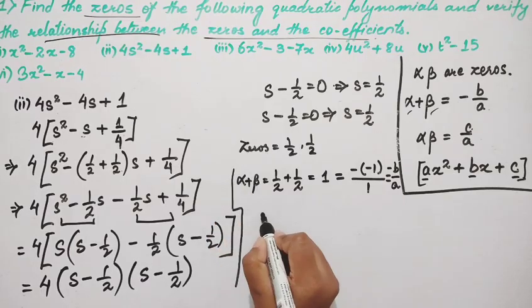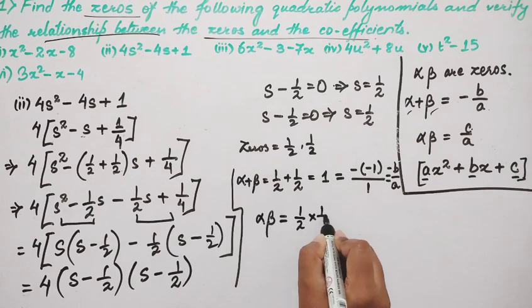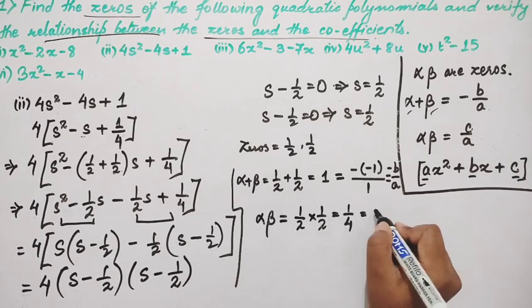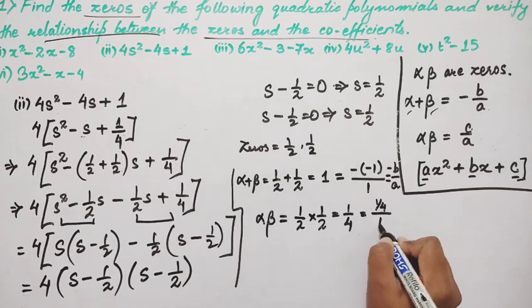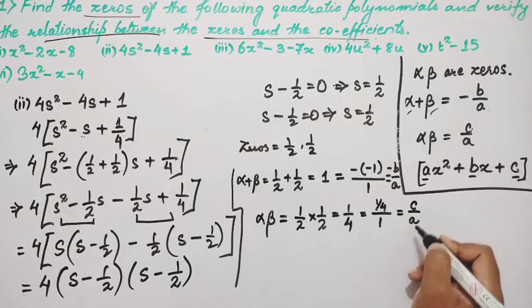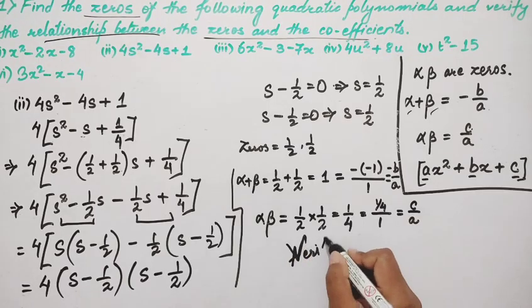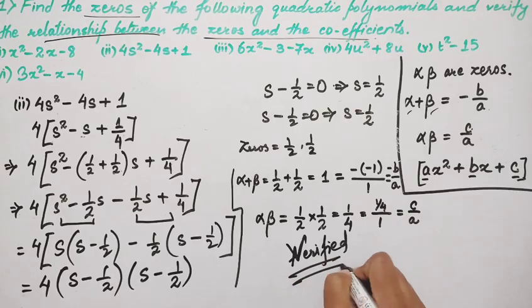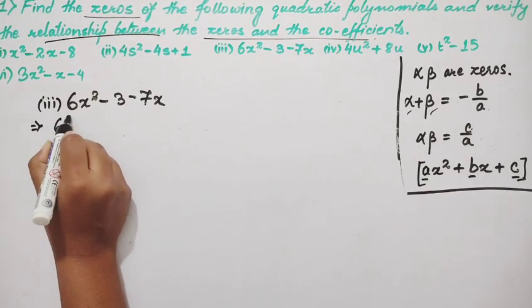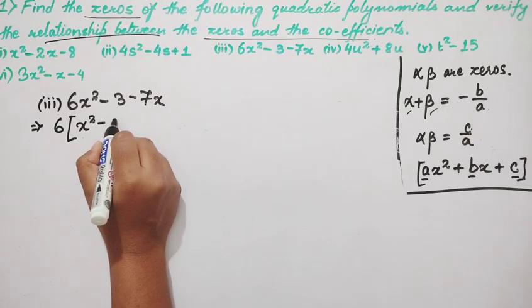Again we have alpha beta, which equals half into half, which is 1 by 4. Here we can write it in the form 1 by 4 by 1, which is again c by a. And here we have verified the relationship.